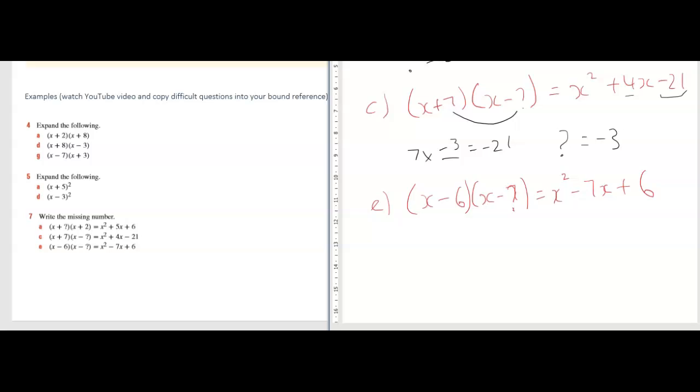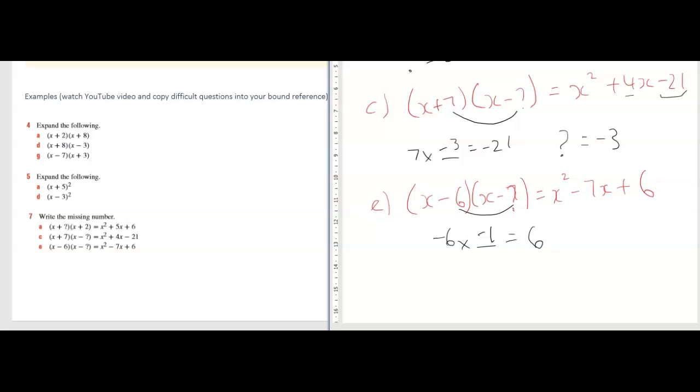Okay, so the same thing. I don't have to do a lot of working out. I'm basically saying, well, negative 6 times what is equal to 6? So negative 6 times, and then we've already got a negative there. I'm just going to make sure that is a negative. Okay, so negative 6 times negative 1.